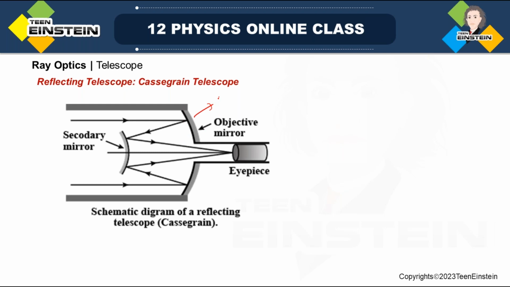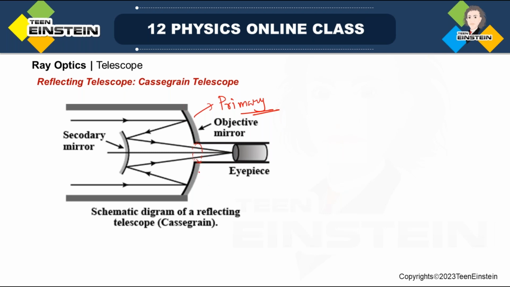This is called the primary mirror, and this is acting as the objective here. So in place of an objective lens, we have kept this objective mirror, and at the center, one hole is made. This is the hole. I'll tell you why this hole is required.